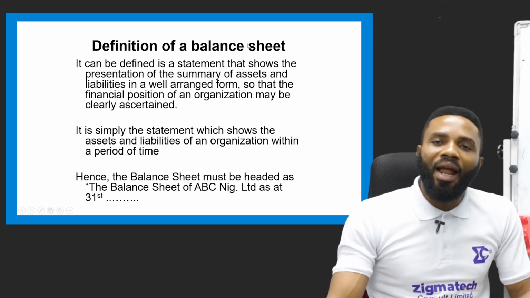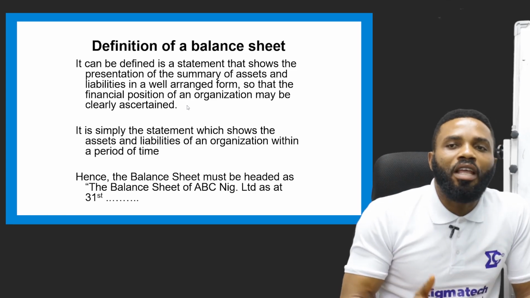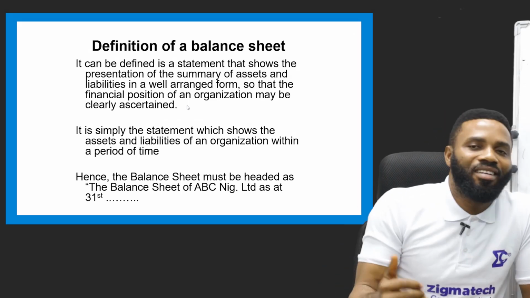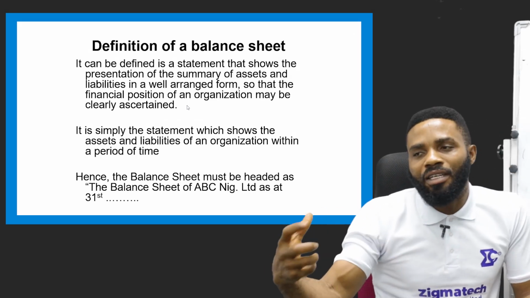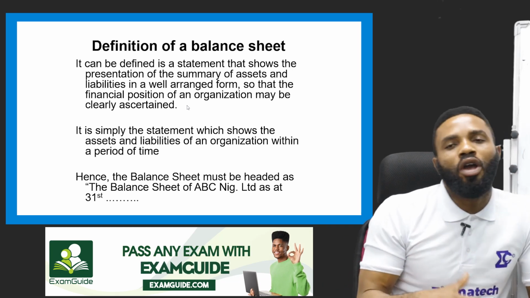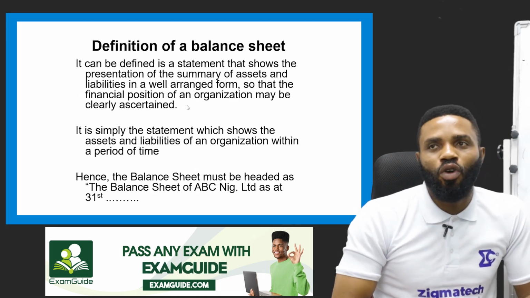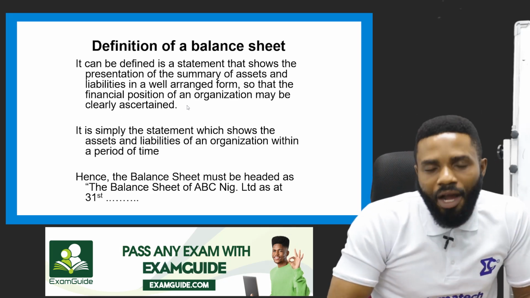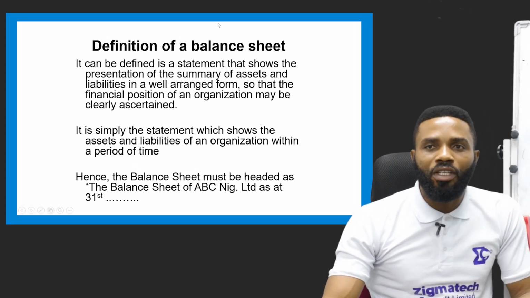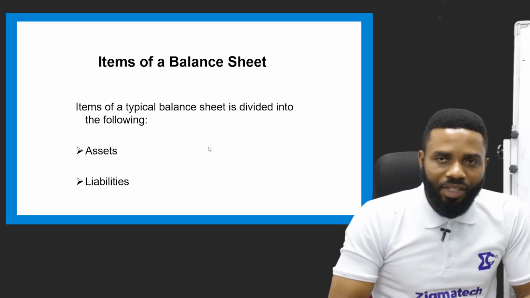So for a balance sheet, the heading should be balance sheet of a particular company, ABC Nigeria Limited, as at 31st, the period at which you are preparing the statement. Basically, accounting preparations run from January to December, but it varies with company depending on the policy of the company.